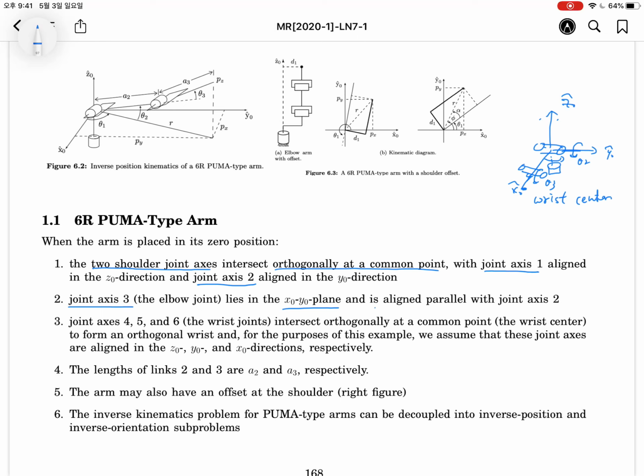So joint axis 3 lies in the xy plane, and it is parallel to joint axis 2.